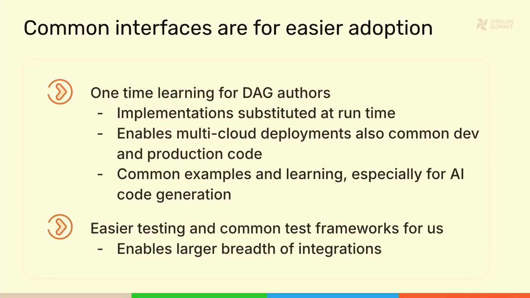Still early days. But I think the big point as to why we are keen on this is we believe that having a single pattern to learn, and then being able to incorporate it in your DAGs and switch, at runtime or at configuration time, to a different connection, on a different database, on a different cloud, would make it a lot easier to write DAGs consistently and run them on multiple different clouds, or local versus on the cloud, and so forth.